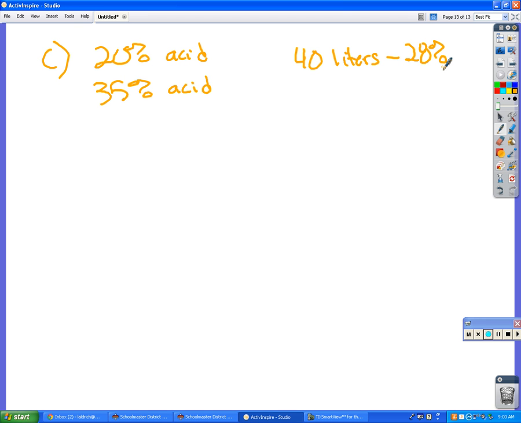You can think of these acid percentages as the 2 different interest rates. If you want 40 liters of a solution, the 2 things that you add together have to equal 40, just like the total investment of $25,000.